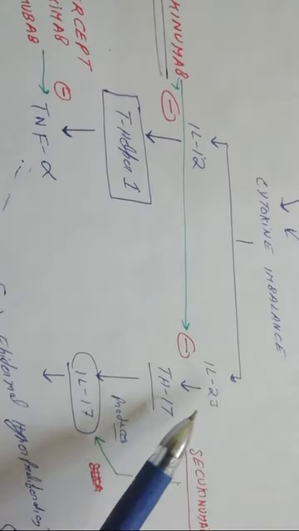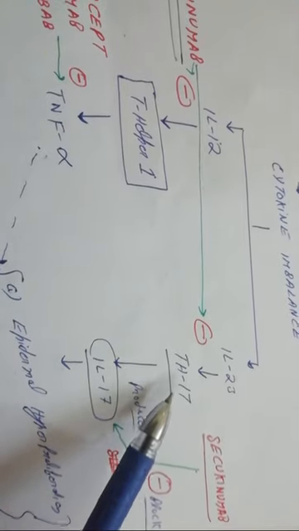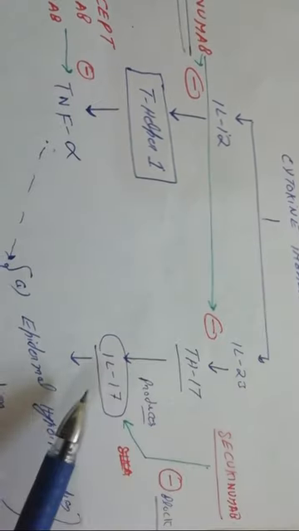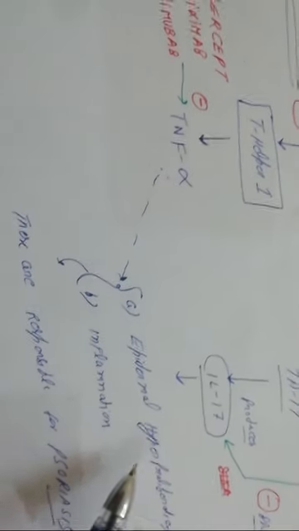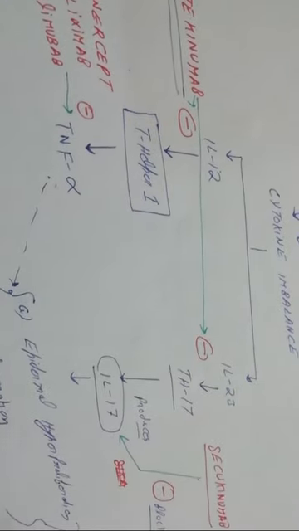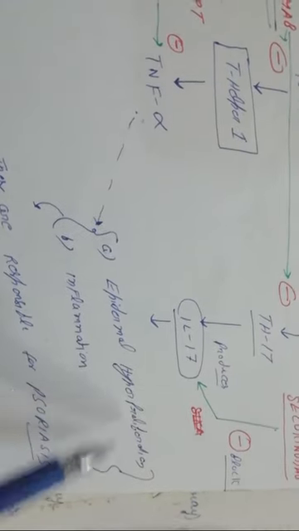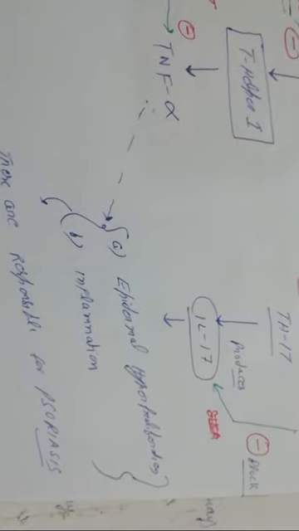inflammation. And if interleukin 23 is increased, that activates T helper cell 17, and this T helper 17 releases interleukin 17, and this interleukin 17 leads to epidermal proliferation and inflammation. So because of interleukin 12, interleukin 23, because of this cytokine imbalance, because of excess production of these interleukins, it ultimately leads to epidermal proliferation and inflammation.